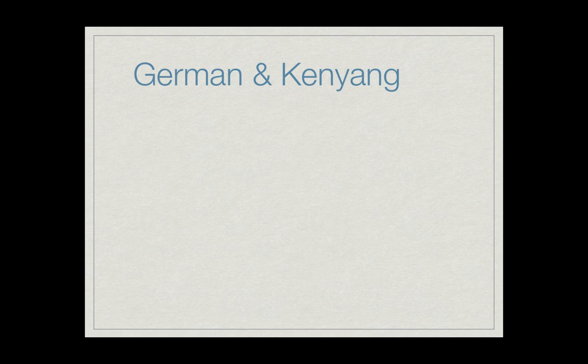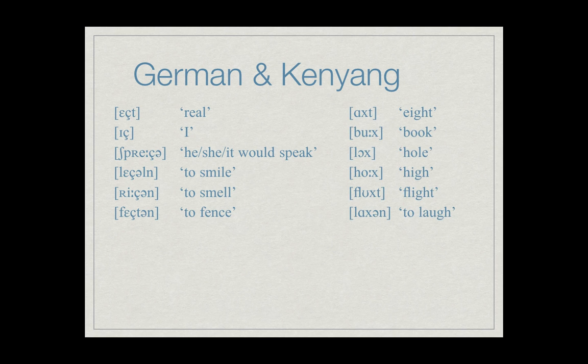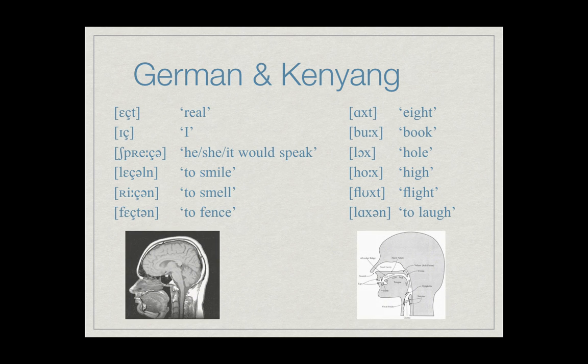In fact, German displays exactly the same kind of allophonic variation we have seen in Kenyang. Front vowels condition allophones further forward in the oral cavity, and back vowels condition allophones further back in the oral cavity. And this is significant because it means that human vocal tract anatomy, which is largely the same for everyone, tends to have the same kinds of effects on mental grammars, even though the specific details of those grammars may be quite different.